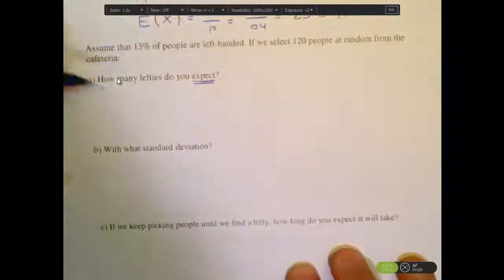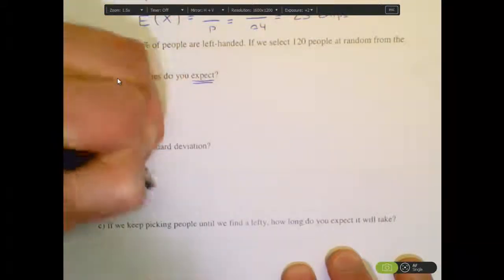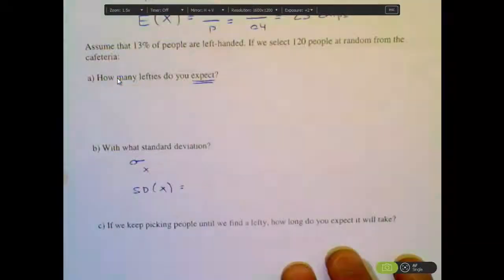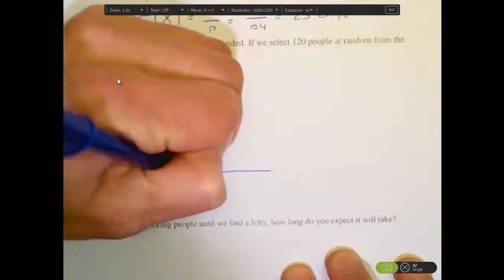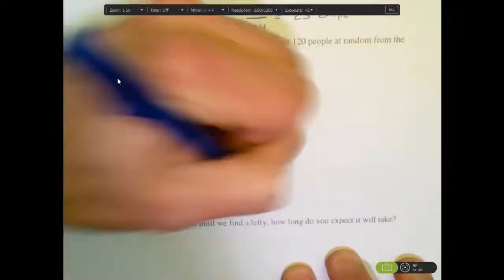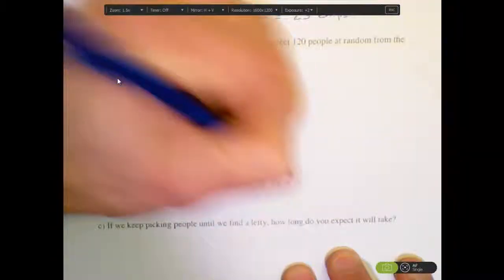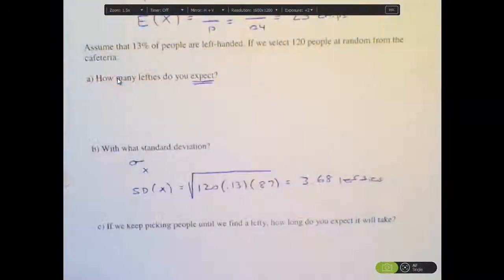So as I'm calculating the standard deviation, sigma sub x, or standard deviation of x, equals the square root of n, 120, times p, 0.13, times 1 minus p, 0.87. And that's going to calculate to give me 3.68. So I have 3.68 lefties for my standard deviation.